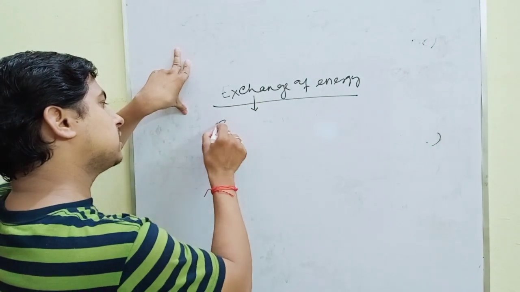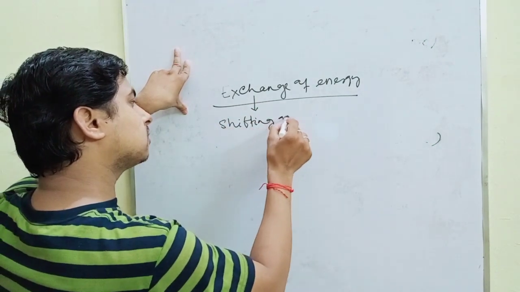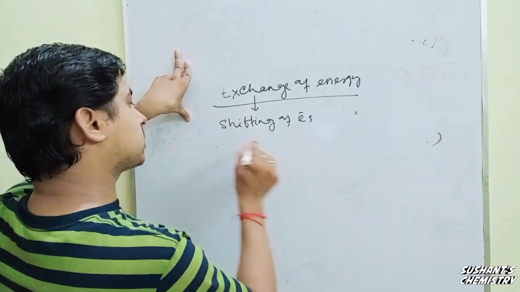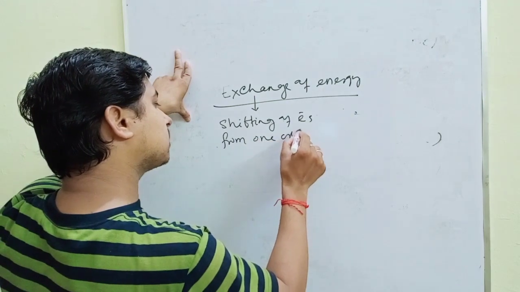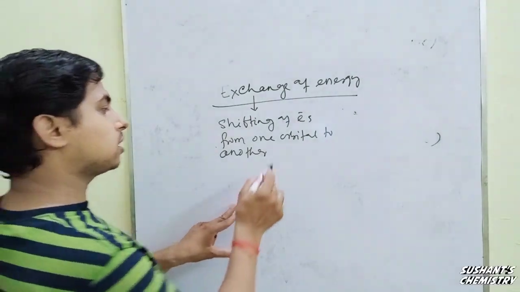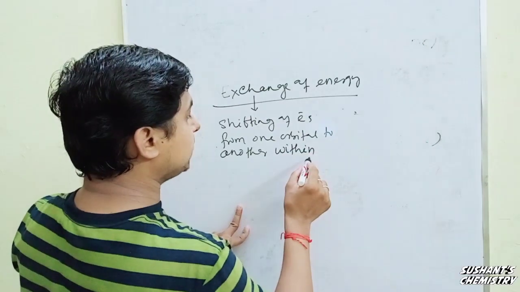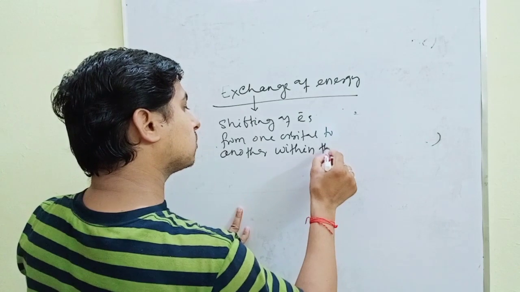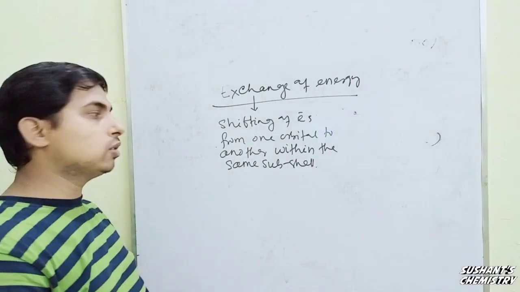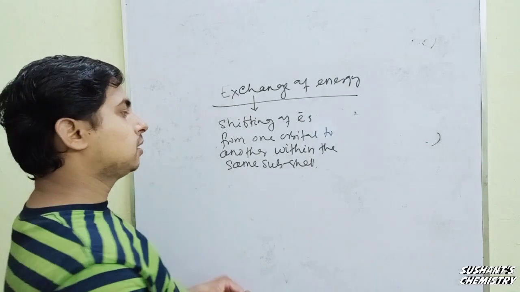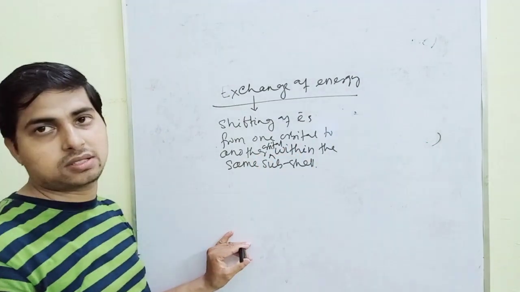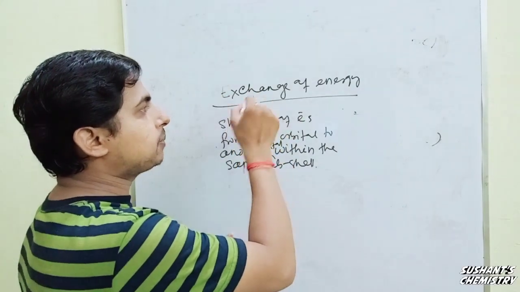Exchange is nothing but shifting of electrons from one orbital to another within the same subshell. Shifting of electrons from one orbital to another orbital within the same subshell is called exchange. That means exchange of electrons.